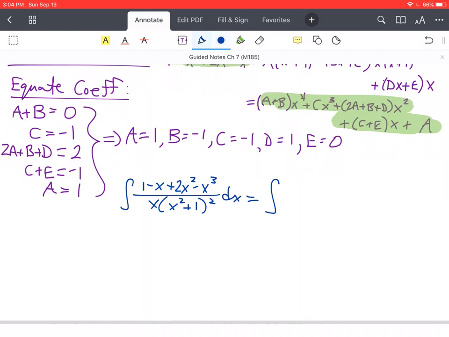Now that gets split up into 1 over x minus (x plus 1) over (x squared plus 1) plus x over (x squared plus 1) squared dx.